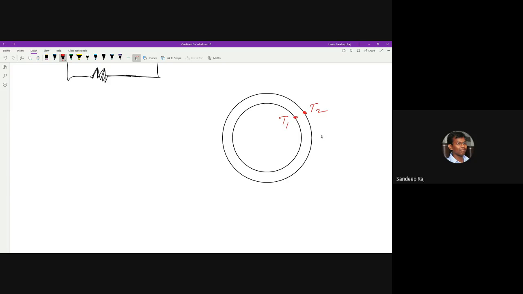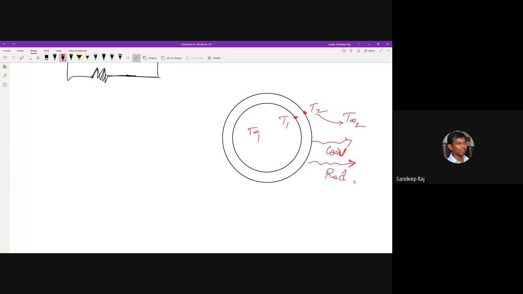See, this is T infinity 1 we generally take. Whatever the heat transfer that happens between T2 and T infinity 2 can happen either by convection or by radiation. So far, you have considered it with respect to convection only. It can happen by radiation also.